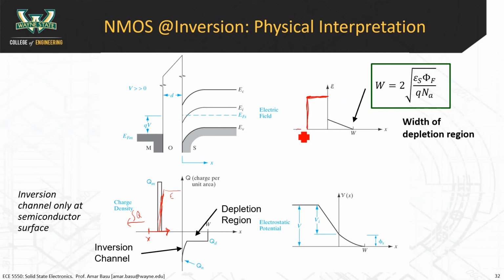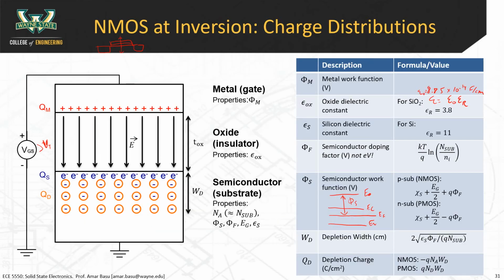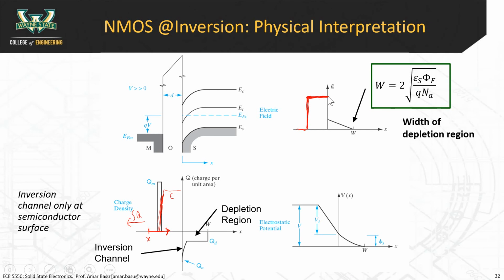So the electric field goes up suddenly because of all that positive charge, and it's constant across the oxide region. Remember I said before that there's a strong electric field in the oxide? That's what's shown here as well. Strong and uniform electric field in the oxide region. This is the oxide, this is the metal, and this is the semiconductor.